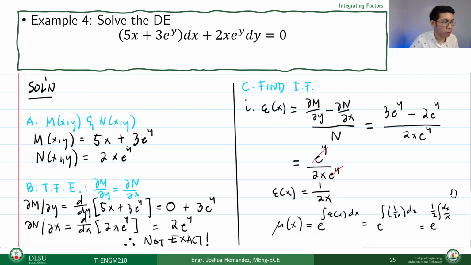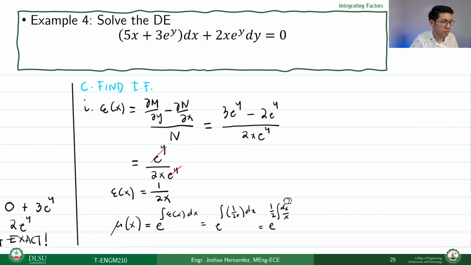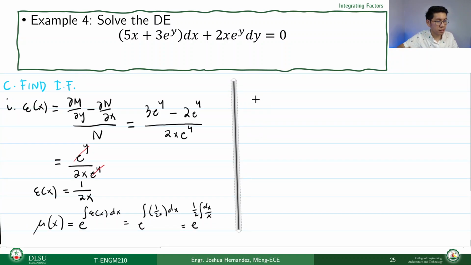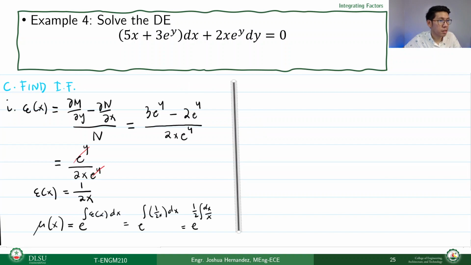Continuing this will actually give us mu of x equals e raised to 1/2 ln x, because du over u is ln u.